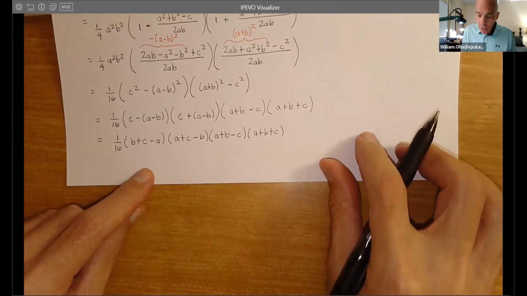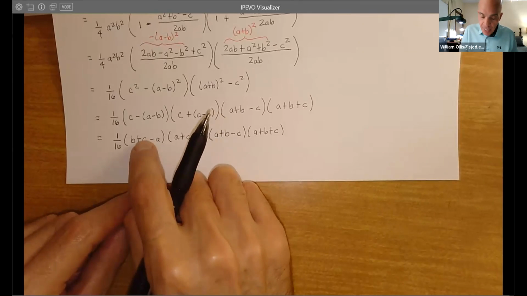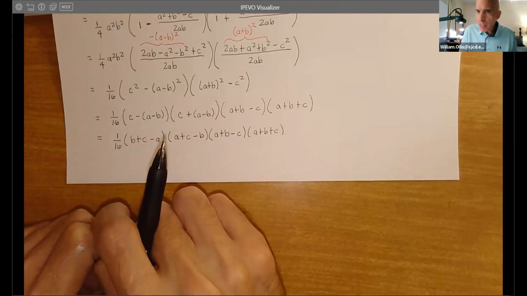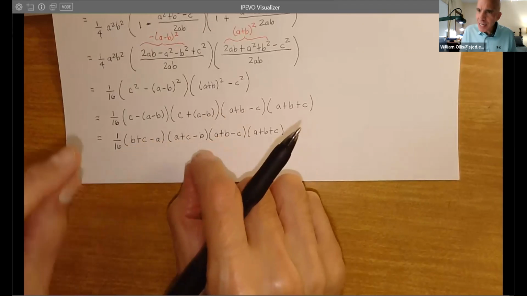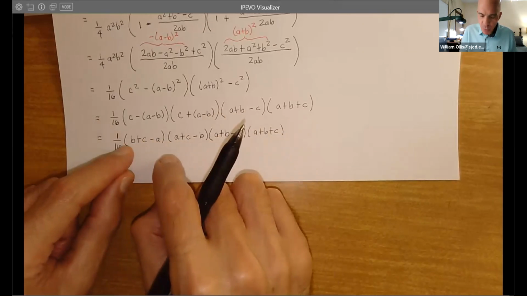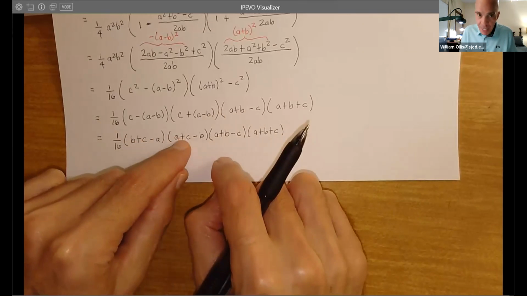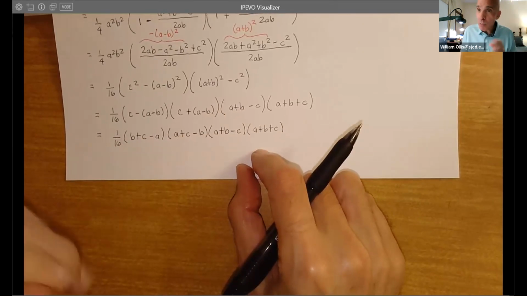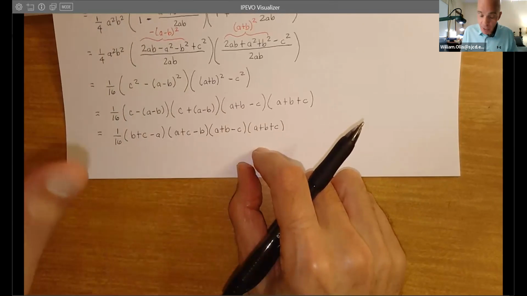So in order to basically present, what we want to do is rewrite these factors so we can introduce S. That means we need an extra copy of A here, we need an extra copy of B here, and we need an extra copy of C here. So how do we do it? We add and subtract each of those letters to basically be adding 0.